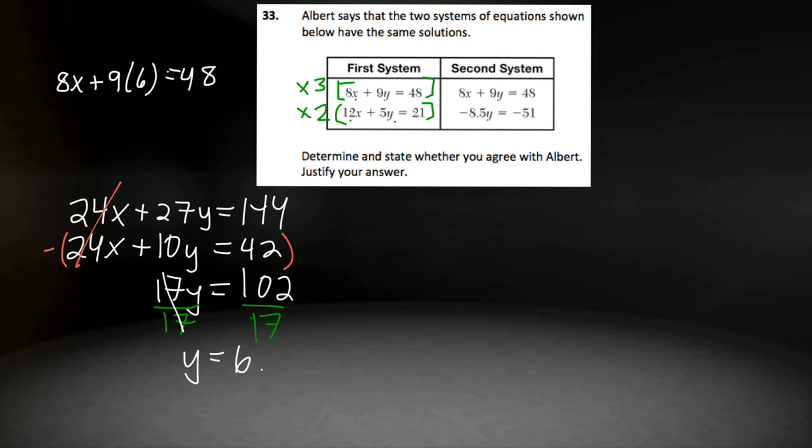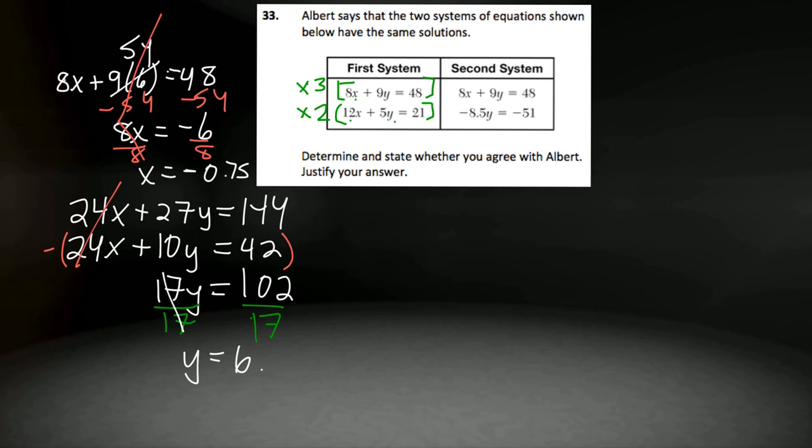So 9 times 6 is 54, and then we're going to take away 54 from both sides, canceling that out, and we'd get 8x is equal to 48 minus 54, that's negative 6, and then finally we would divide by 8 to get that x is equal to negative 6 over 8, or negative 0.75. So here's our x value of the system of equations and our y value.